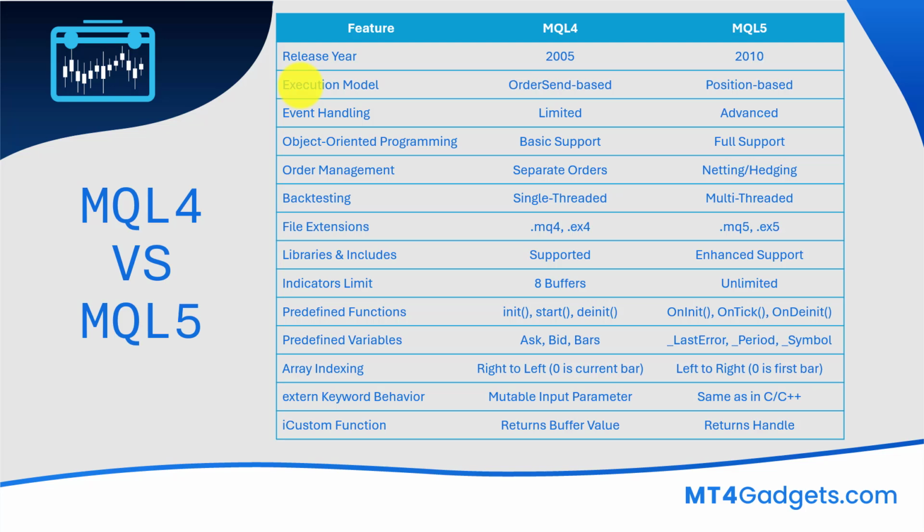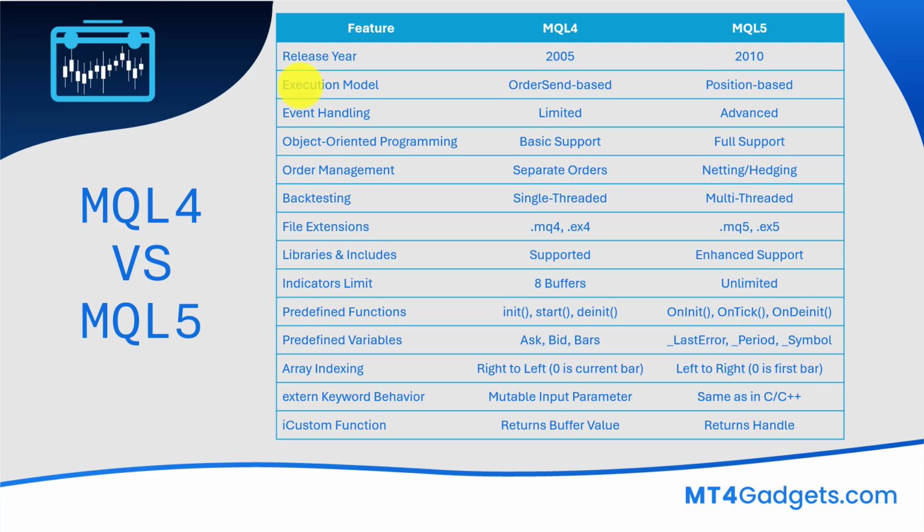In MQL5, that is the opposite, with index 0 being the leftmost or the furthest in the past bar available. Although there are native functions where you can treat an array as a series, and MQL5 has this option to adapt to this difference compared to MQL4.